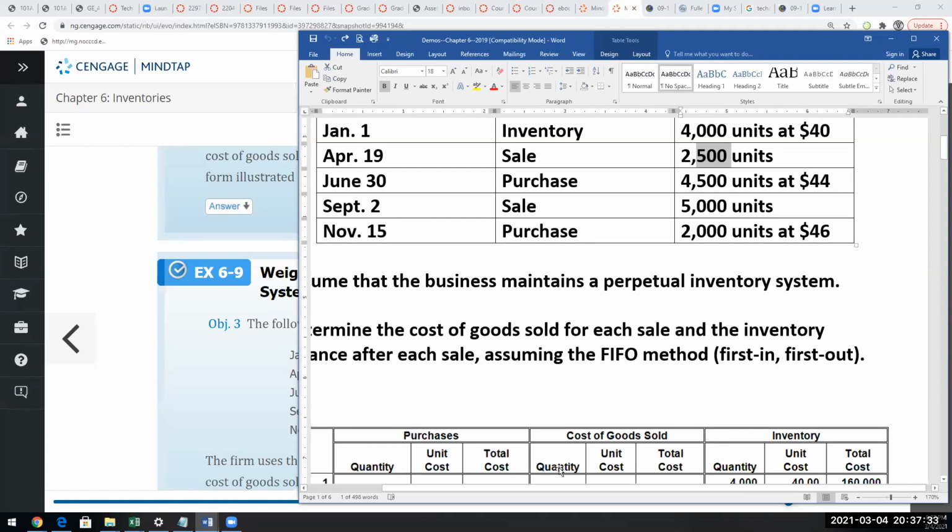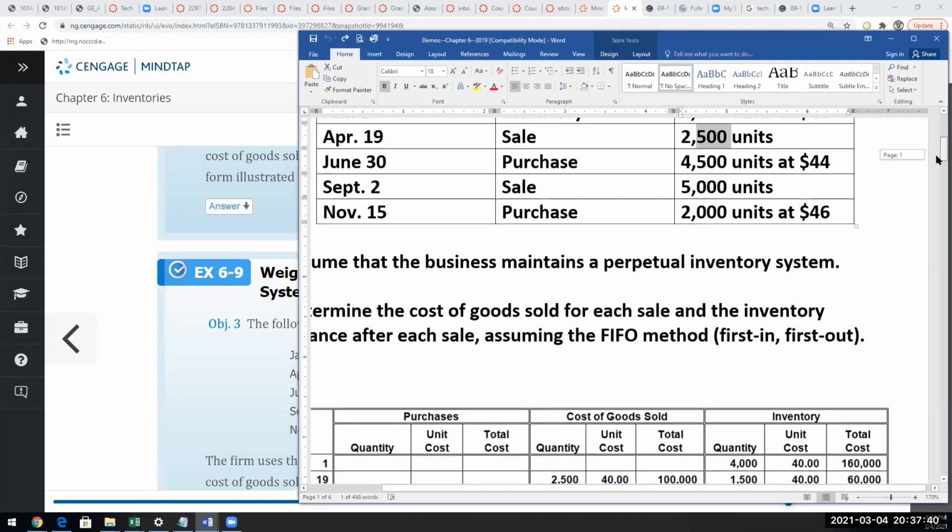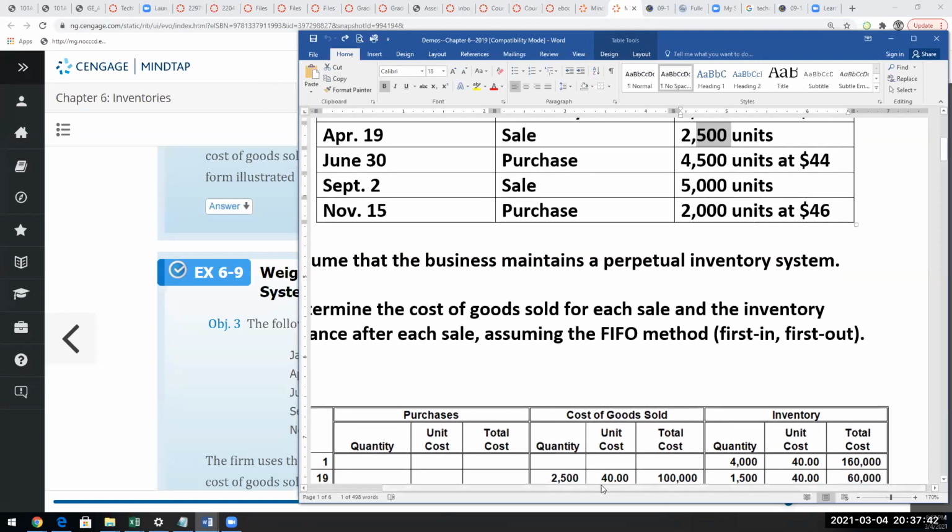So over here, the quantity that I'm going to sell is 2,500, and the unit cost is 40. So if I do the math, I'm going to get 100 grand here. Because 25 times 4 is 100. So we got to add the zeros there, so it's 100 grand. Well, logically, if I started with 160 and I sold 100, I got 60 left, right? Or you do the math, 15 times 4 is 60.